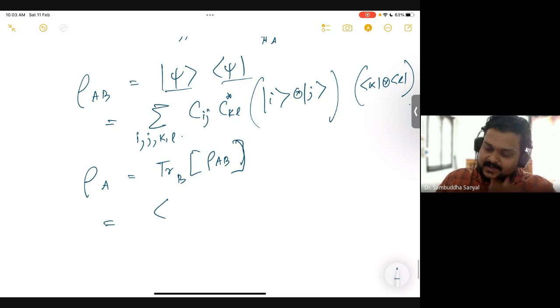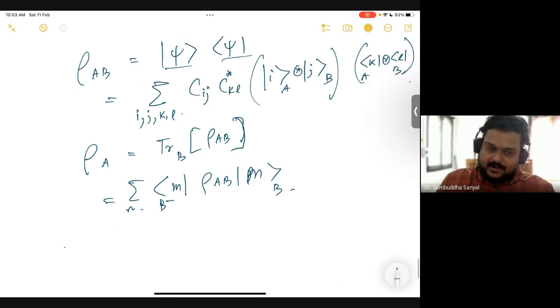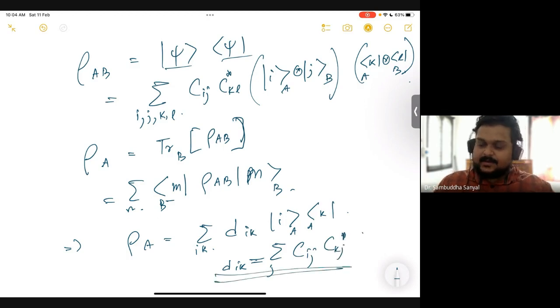You have to compress this thing into something, let's say M. Now this M is only for the B. So this is A, this is B. Let's say this is A. When you do that, the rho_A you will get is some sum over i, k, |i><k|, only of it. The d_ik is the sum over j, C_ij C_kj star. This is the way to construct this.